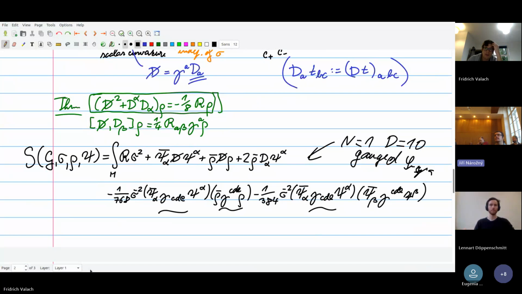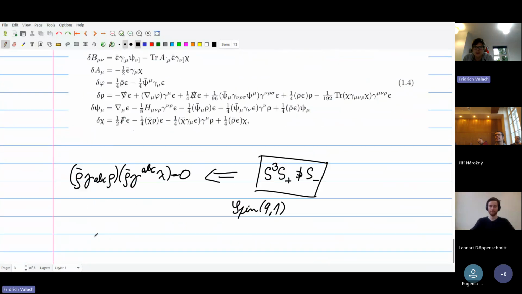I understood that this is sufficient. It is also necessary, this condition, on a sub-representation of the third symmetric power of S plus. I think there might be more things, but this is the one that I remember, the one that was easy to state.